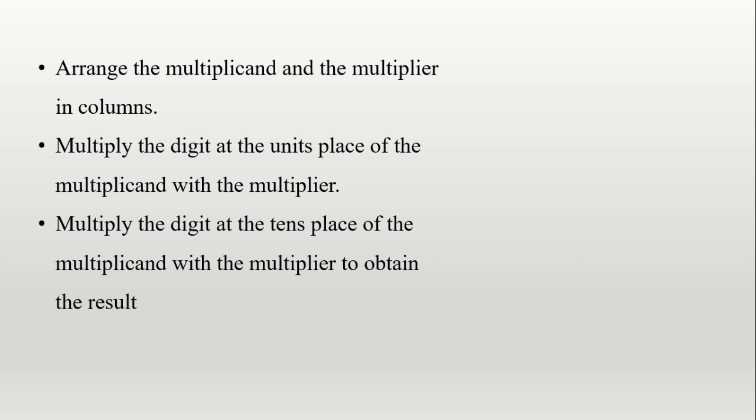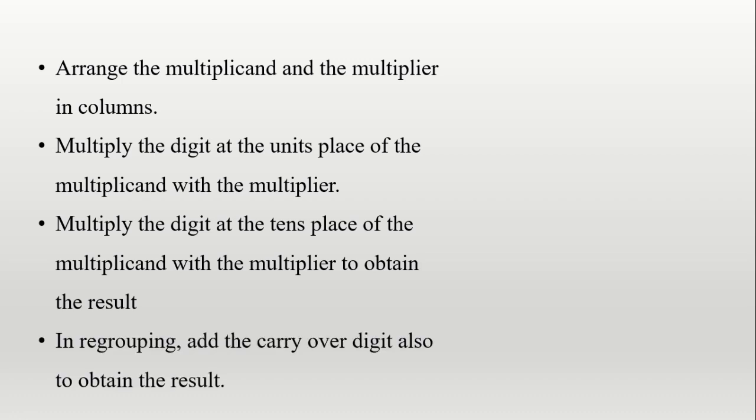If you have another number in the hundreds place, multiply the value in the hundreds place with the multiplier to get the result. In addition, while regrouping numbers, one thing you need to remember is to add the carryover digit to obtain the result.